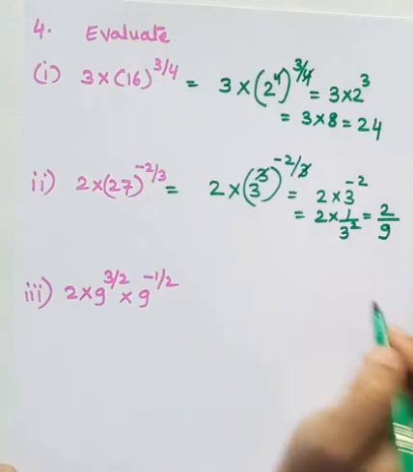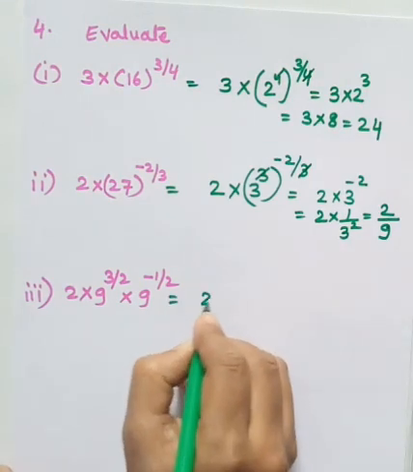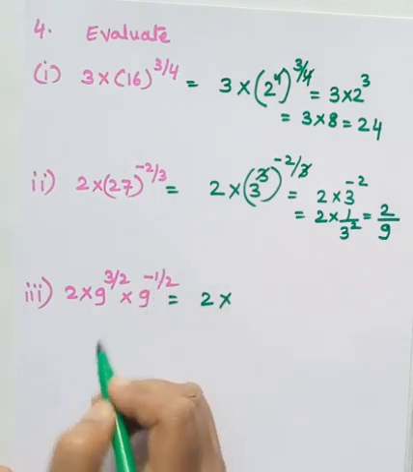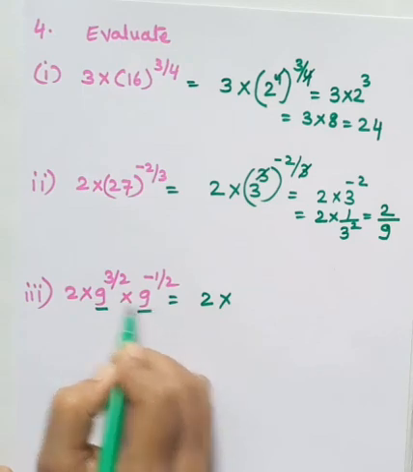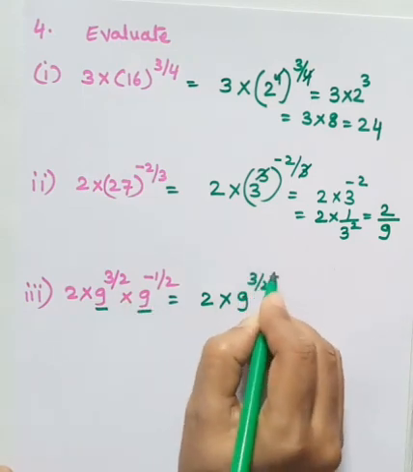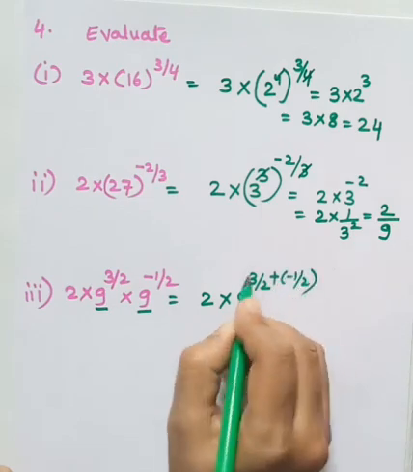Now see this question. 2 into 9 power 3 by 2 into 9 power minus 1 by 2. See, a to the power m into a to the power n will be equal to a to the power m plus n. 3 by 2 plus minus 1 by 2.